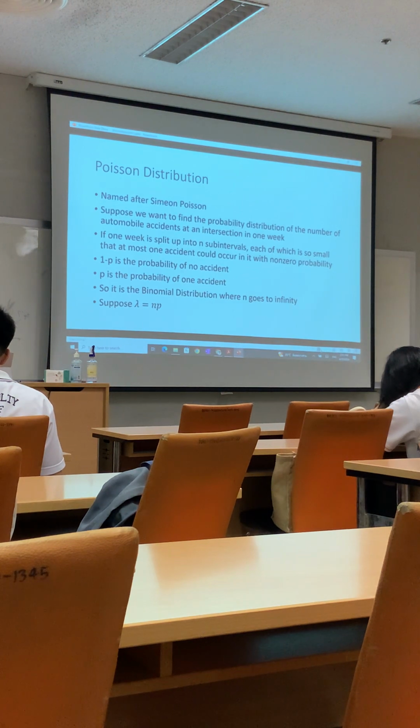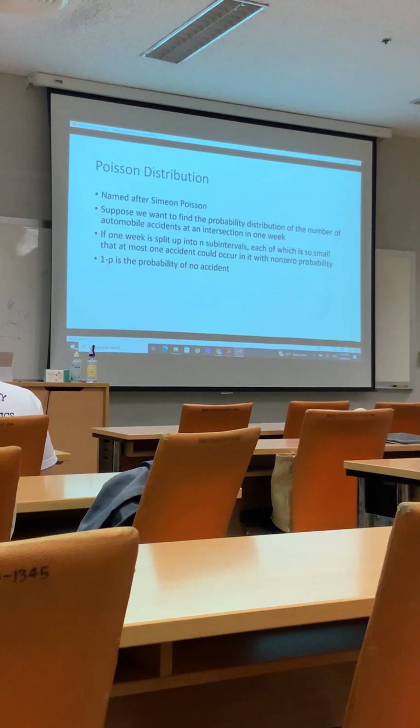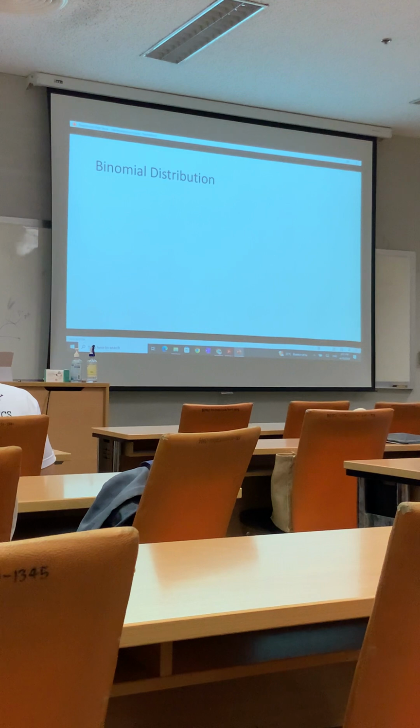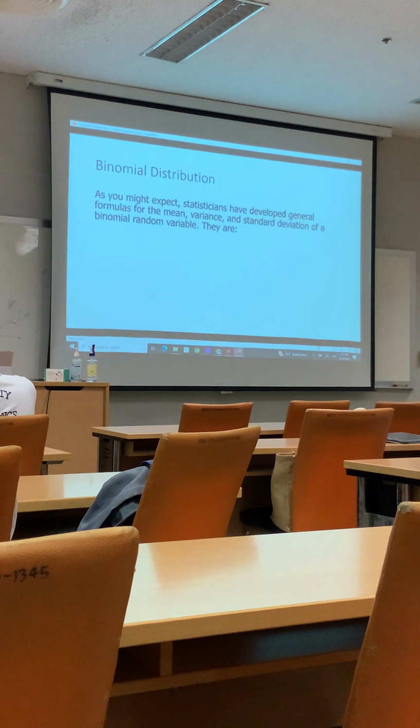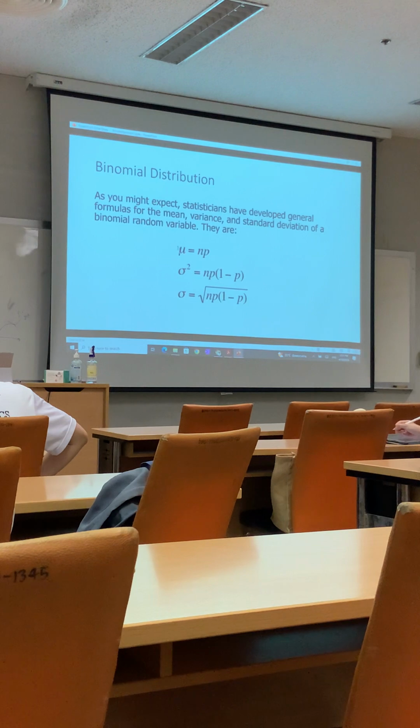In the Poisson distribution, we're going to have this lambda, and lambda equals n times p. If you remember, in the binomial, n times p is the expectation. In the binomial, the number of trials n times the probability of success is the mean of the binomial distribution.